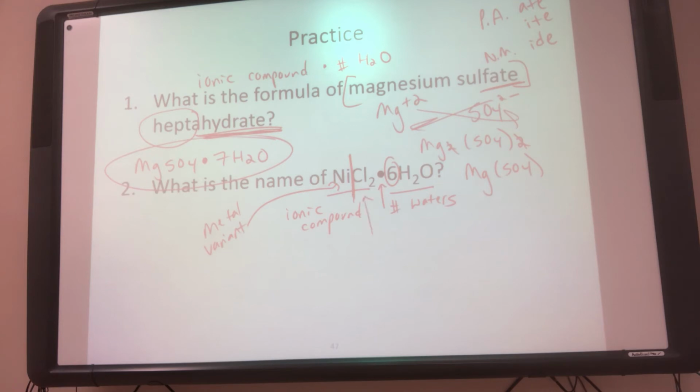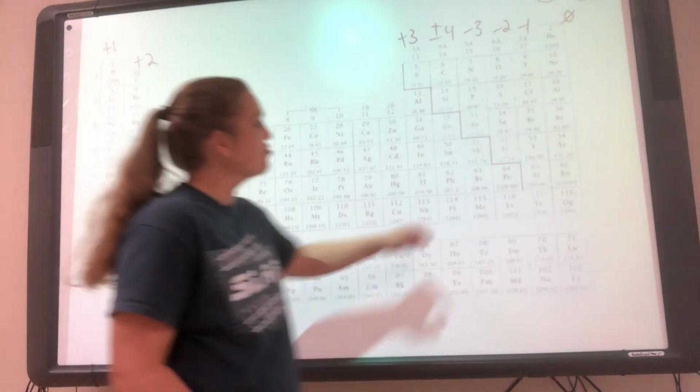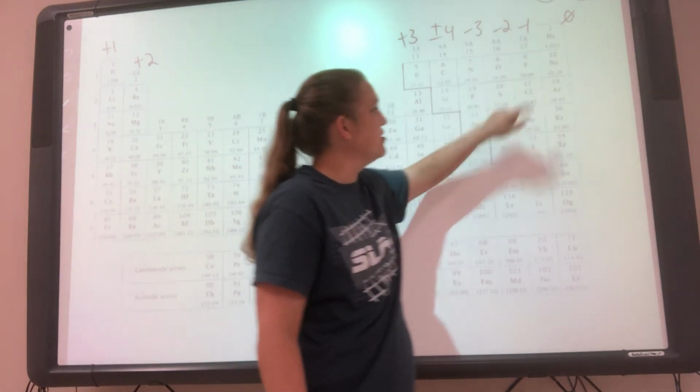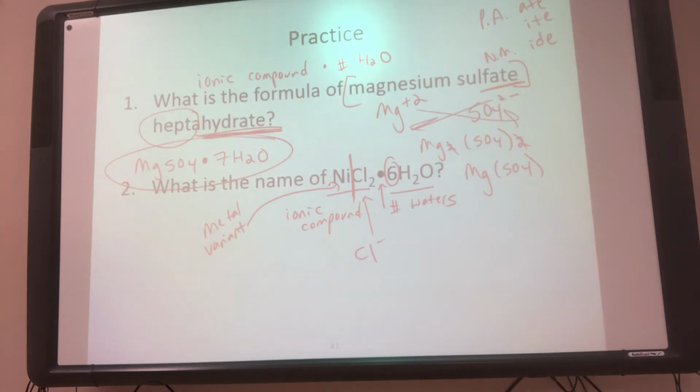So he's attached with a chlorine, same like we did before. Chlorine right here is a -1. There's 2 chlorines, so since there's 2 chlorines, that's going to give me a total of a -2 on that side.